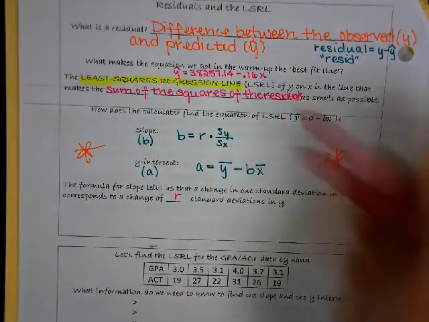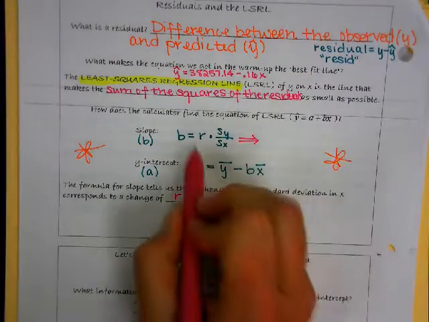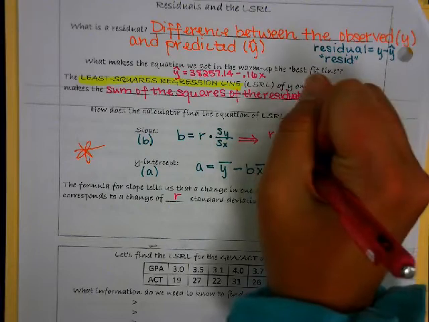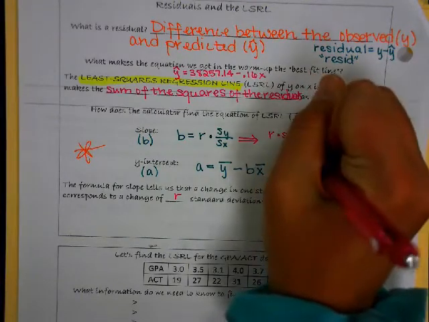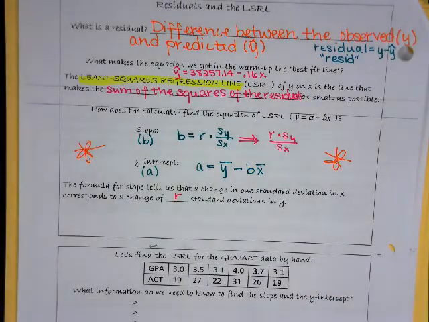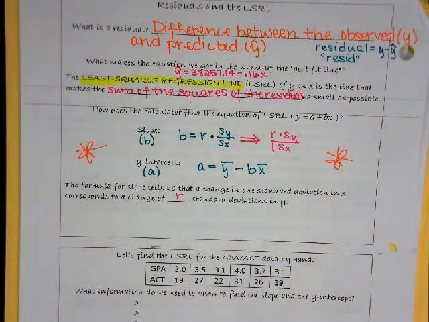Because in theory, we can rewrite this, because if this r is over a 1, which it is, we can rewrite it as r times the standard deviation of y over the standard deviation of x. So a change of 1 in our standard deviation of x corresponds to r.